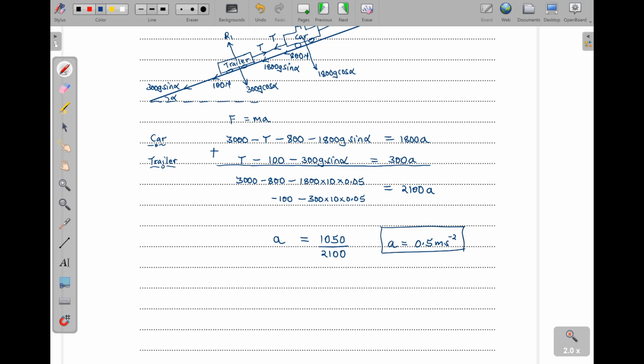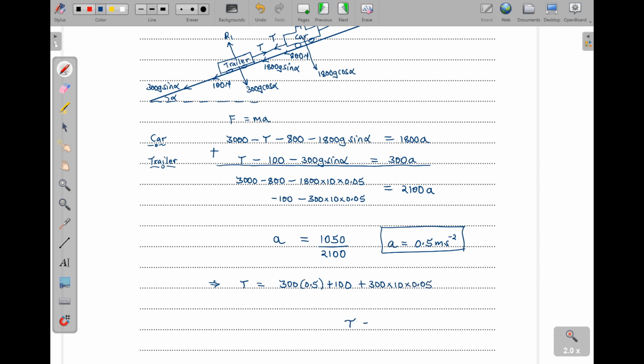Then for us to get the tension, I can use any of the two equations. So if I use the trailer equation here, we shall have 300 times the acceleration, which is 0.5, then add on the 100. Also add on this one here, 300 times 10 times 0.05.